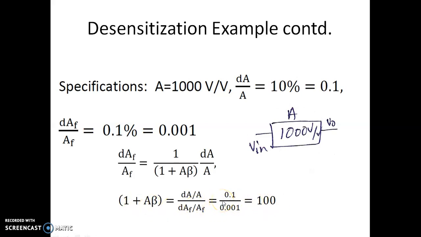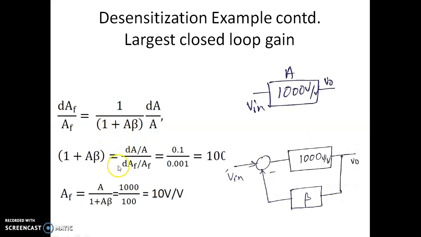If 1 plus A beta is 100, I can find out AF. I know A, and I know 1 plus A beta is 100, so the maximum gain we are going to get is only 10. So from 1000 it has reduced to only 10 volt per volt, but the sensitivity has reduced from 10% to 0.1%.